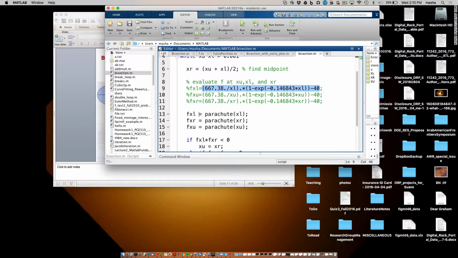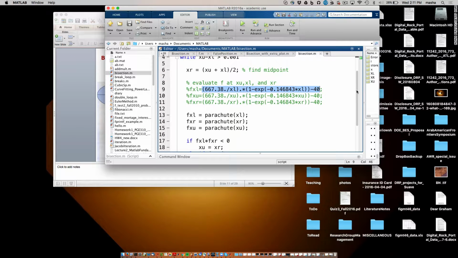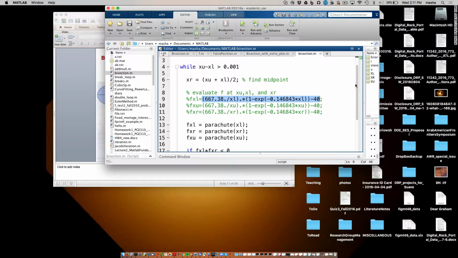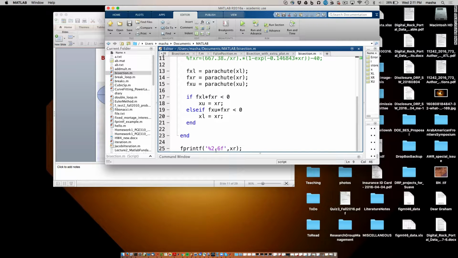So I compute these three values, and then I check if f of xl, my lower bracket point, times f of the midpoint is less than 0, that's my interval, so my new upper point becomes xr. Otherwise, if f of xu times f of xr is less than 0, then my lower point becomes xr, and I keep going. This is the ideal case for a while loop, okay? Because I want to stop when I'm close enough, and I never know 20 steps ahead how close I will necessarily be. Okay, cool. And then I can just print it at the end.